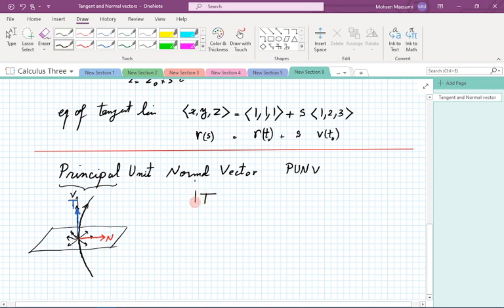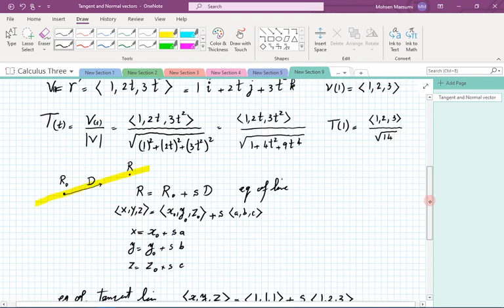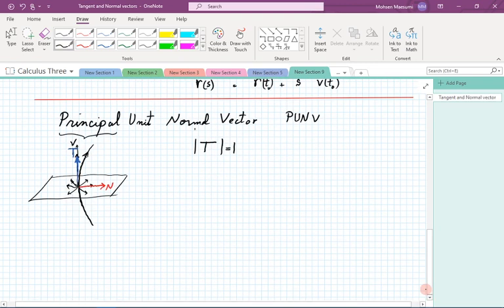T, by definition, is of length 1 because we divided it by its own length, velocity divided by its own length. So T is going to be of length 1. In the previous lecture, we noticed that if a vector is of length 1, then it's going to be perpendicular to its own derivative. That is, T is perpendicular to T prime.